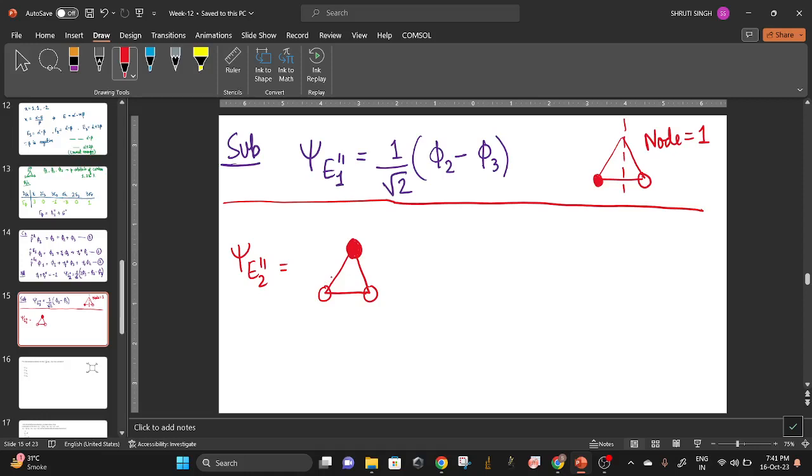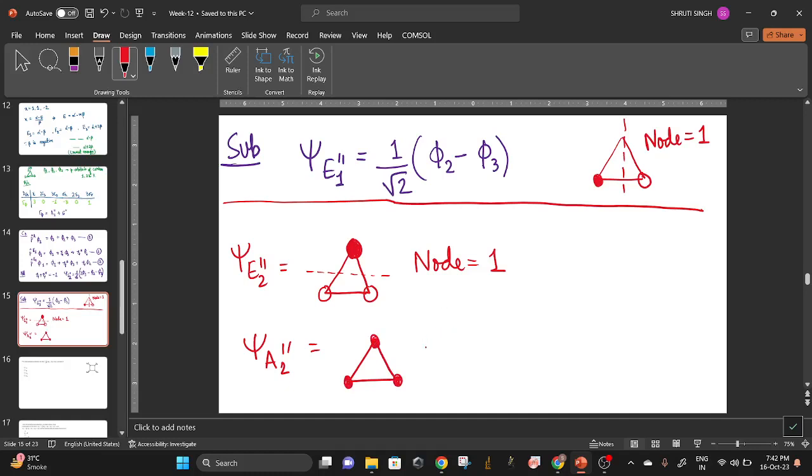So there is a node here. Number of nodes is equal to 1, and psi a2 double dash is the totally symmetric one, meaning all positive with magnitude 1.